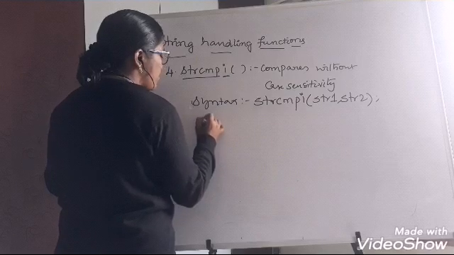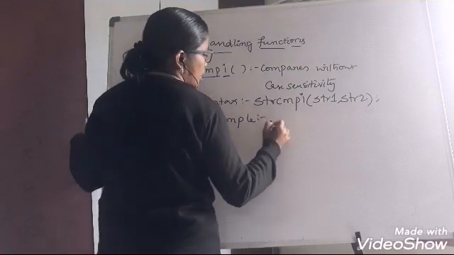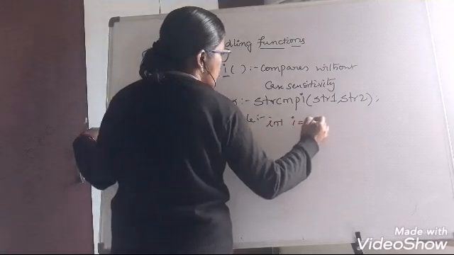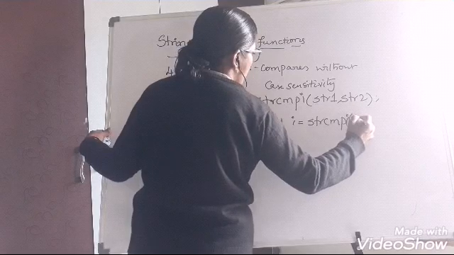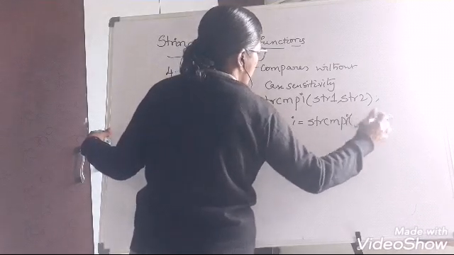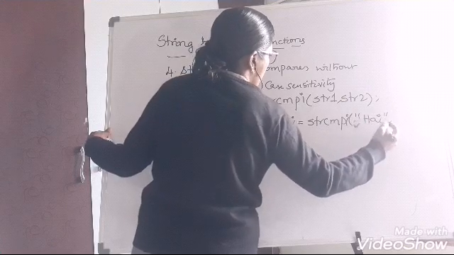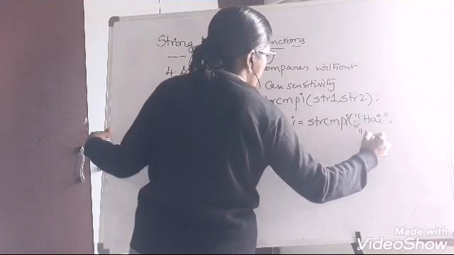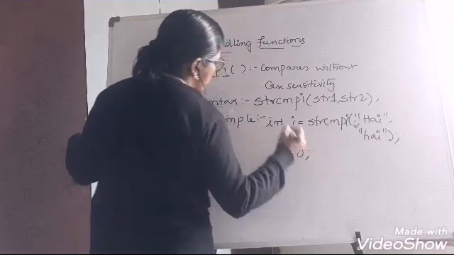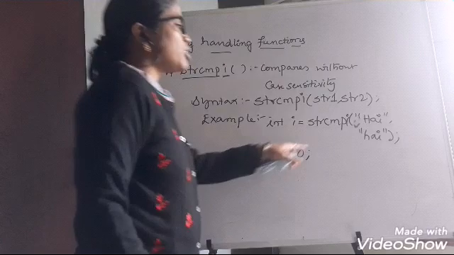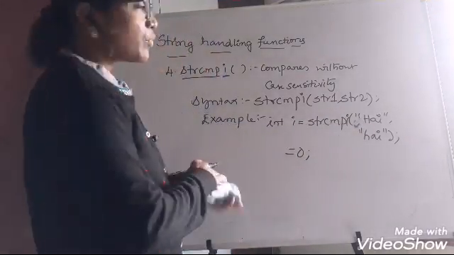So the example will be integer I equals string compare I of hi comma HI. It returns 0 because both are same. It is not bothered about capital H or small h. Okay.